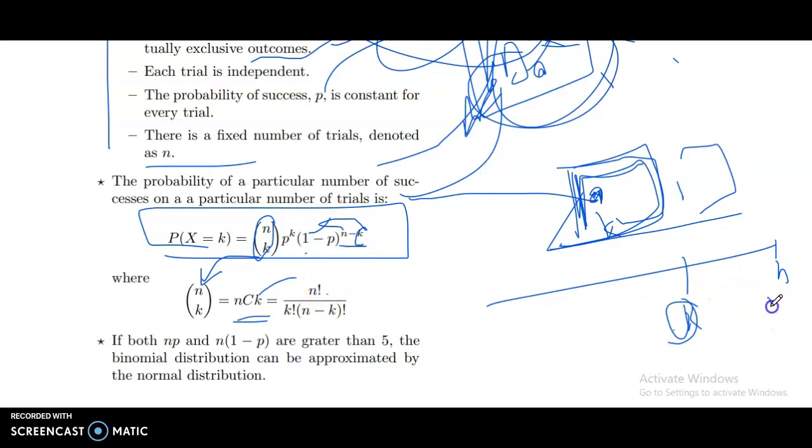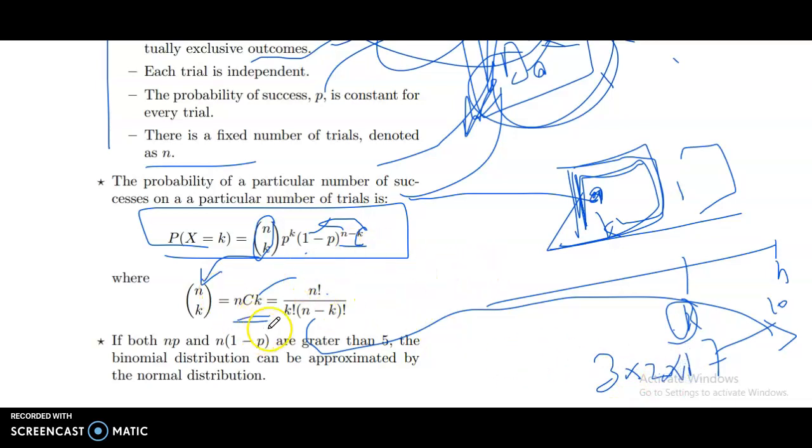For example, if n is 10, factorial means 10 into 9 into 8 and so on. For k equal to 7, it is 7 into 6 and so on. Then n minus k is 10 minus 7, which is 3, and 3 factorial is 3 into 2 into 1.